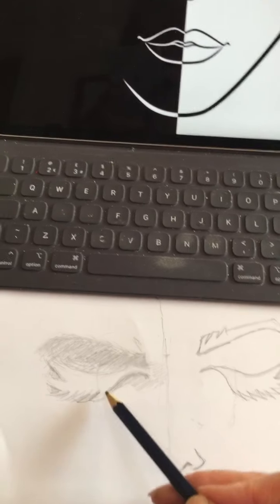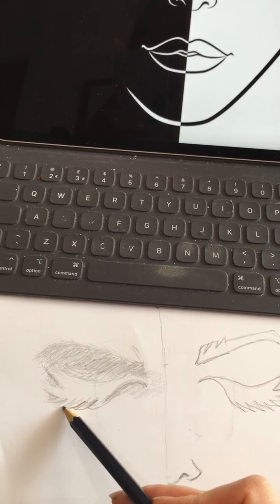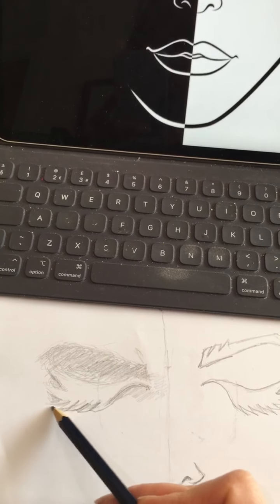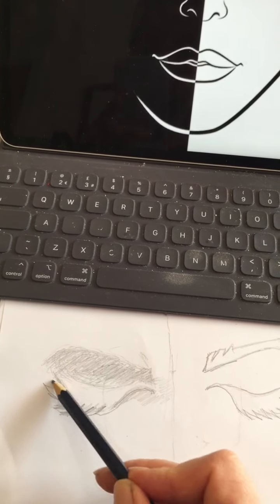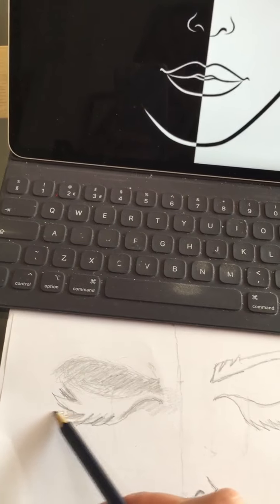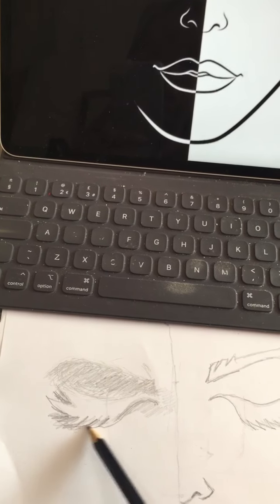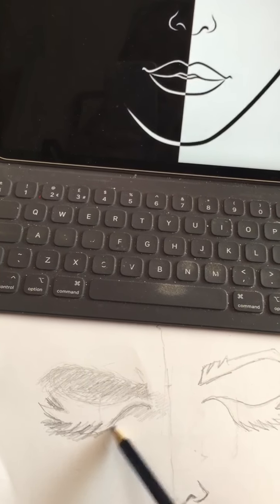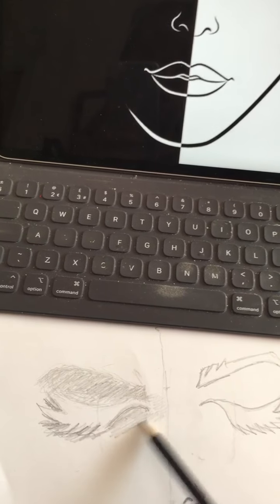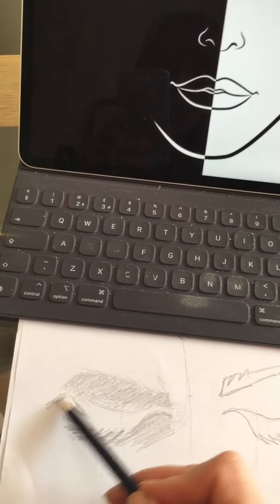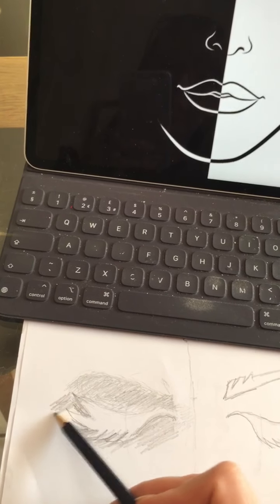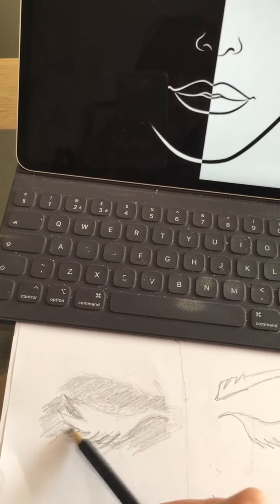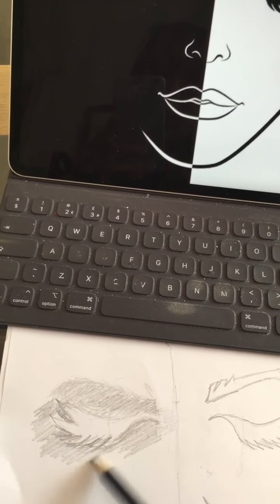And then I've tried to put in these V shapes underneath, very roughly. And then if I shade all that in, again, it's extremely rough, then you get those eyelashes sticking out by default.